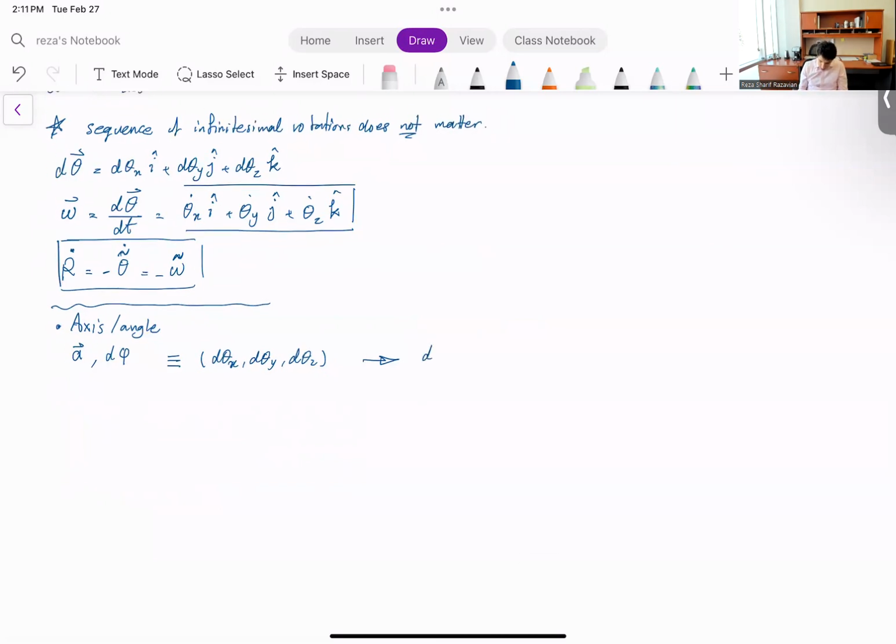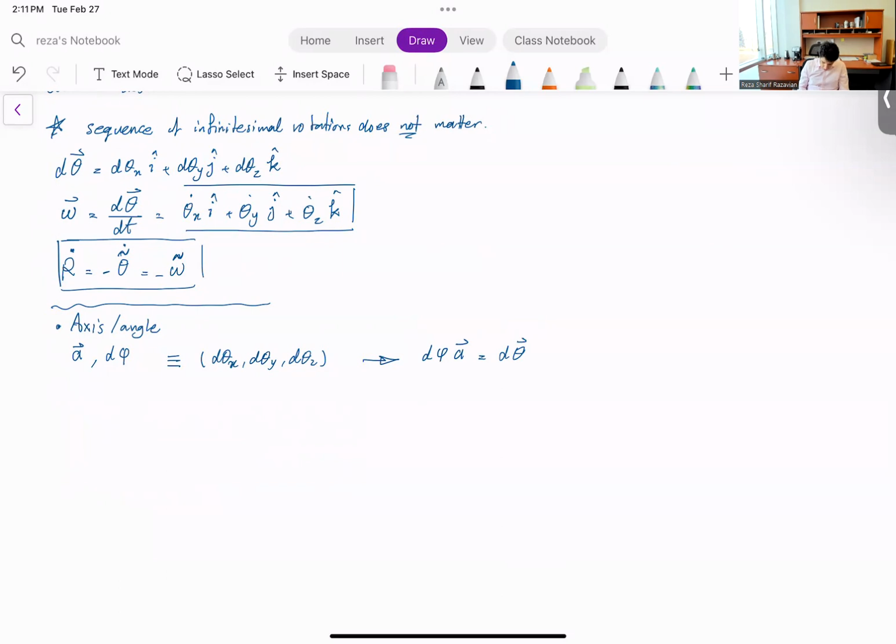So this d phi times a, the axis of rotation scaled by the magnitude of how much you're rotating, is my d theta.